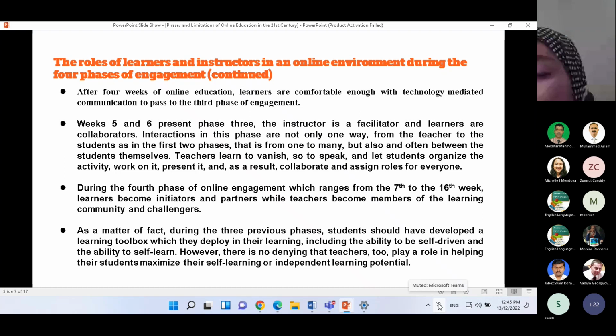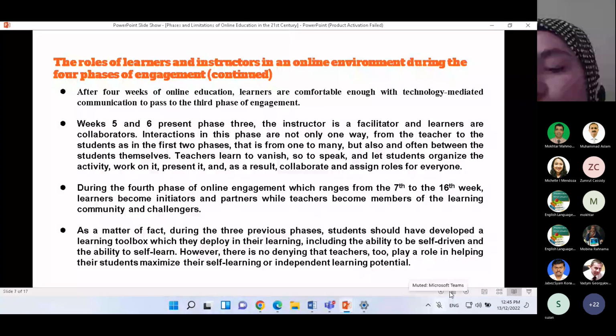As a matter of fact, during the three previous phases, students will have developed a learning toolbox which helps them when there is a problem in their learning, including being self-driven and having the ability to self-learn. However, there is no denying that teachers play their role in helping students maximize their self-learning and expand their learning potential. Indeed, the skills that make up autonomous learning are skills that can be taught.